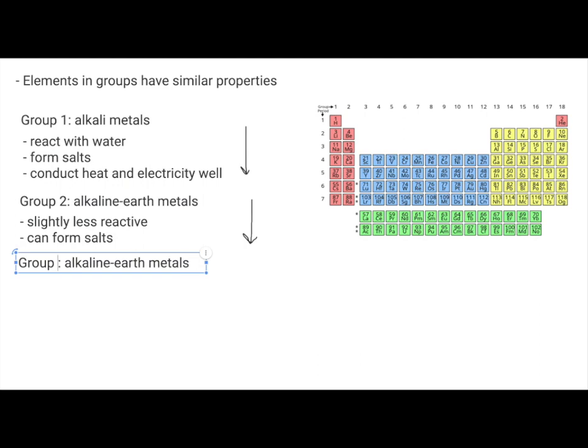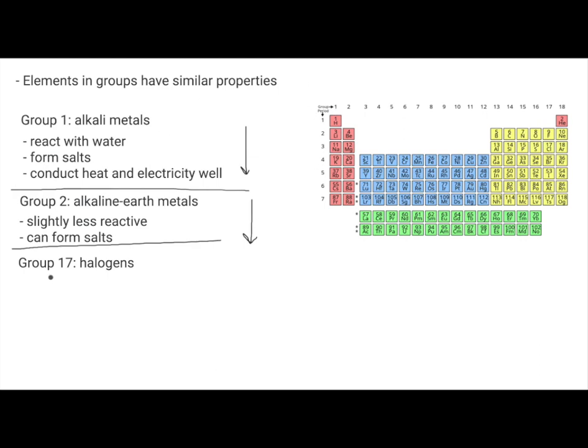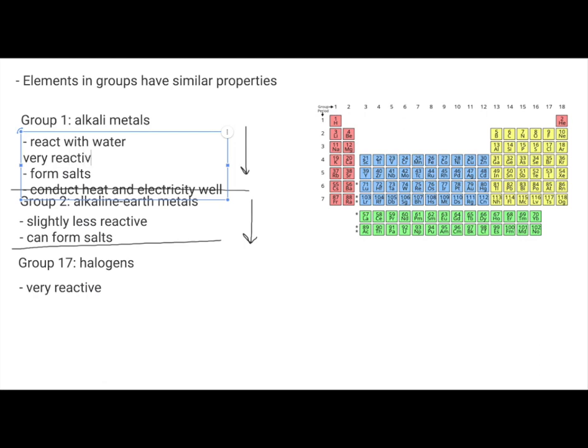It's also important to discuss group 17, which are the halogens. And the halogens are also quite reactive, similar to the alkaline earth metals. Very reactive.